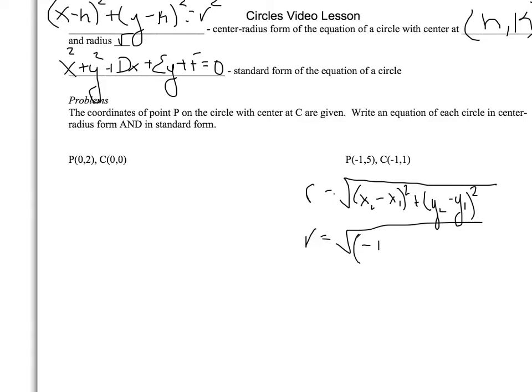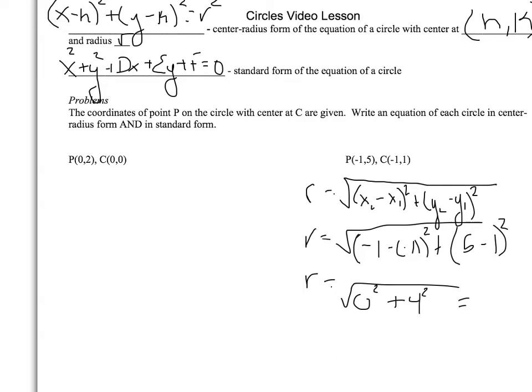So negative 1 minus negative 1 squared plus 5 minus 1 squared. Negative 1 minus negative 1 is 0 squared plus 5 minus 1 squared is 4 squared. 0 squared plus 4 squared, square root is 16, which is 4.